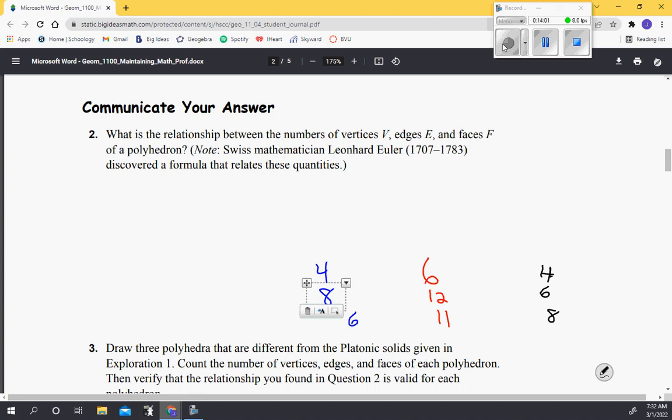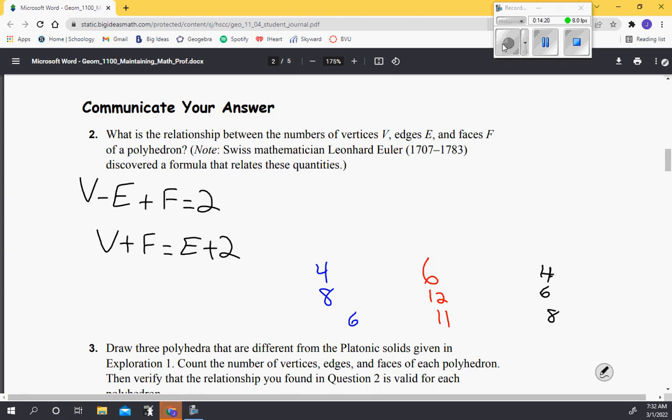The answer is V minus E plus F should equal 2. Or, if we add E, it'd be V plus F equals edges plus 2. I like this one a little bit. Vertices plus faces.